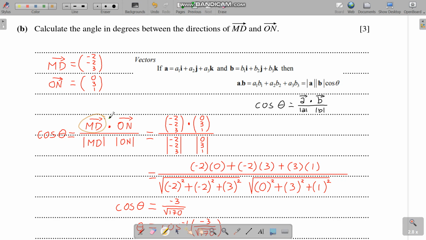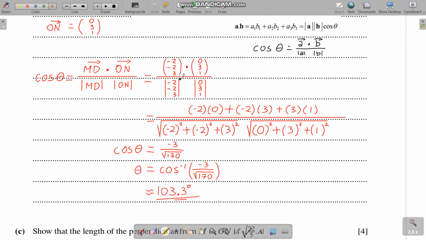So vector times vector, the dot product, we use this formula. So we do minus 2 times 0, minus 2 times 3, 3 times 1. And for the magnitudes of minus 2, minus 2, 3, we do this. Magnitudes of 0, 3, 1, this is what we do. And use a calculator, use inverse cos, we get the angle.